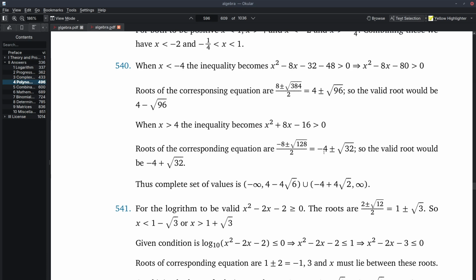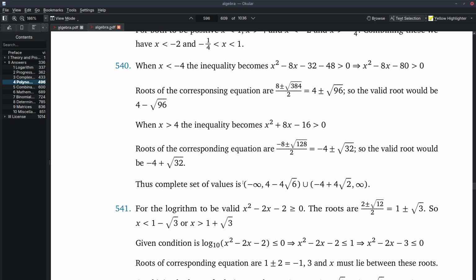The roots of the corresponding equation are minus 4 plus minus square root of 32. Again, we discard the negative root, which is less than 4. So the valid root is minus 4 plus square root of 32. So we have got two roots, 4 minus square root of 96 and minus 4 plus square root of 32.